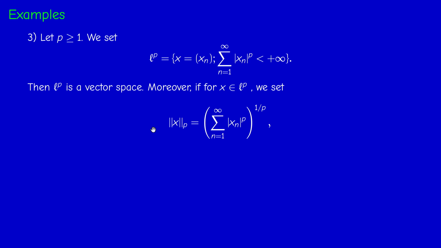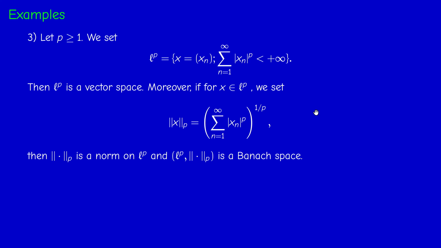And when you put the norm of x, p, to be the sum of all components raised to the power p and everything raised to the power 1 over p, we get a norm. And the triangle inequality, by the way, is known as Minkowski's inequality. So we get a norm, and we can prove that lp equipped with this norm is complete.